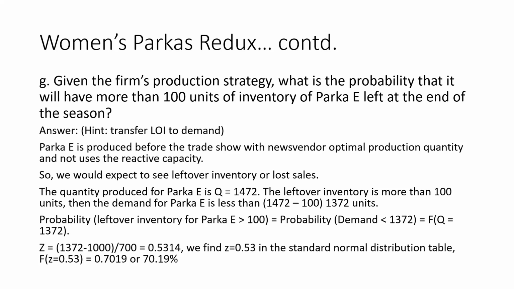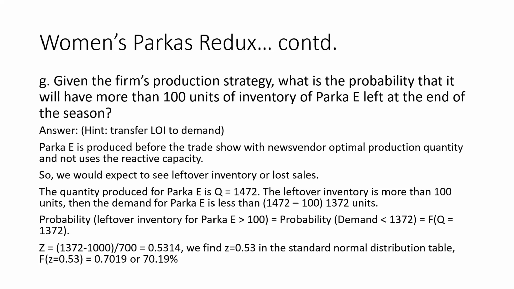The question is asking for more than 100 units of inventory left at the end of the season. Paca E is produced 1472 units, and the leftover inventory is more than 100 units.